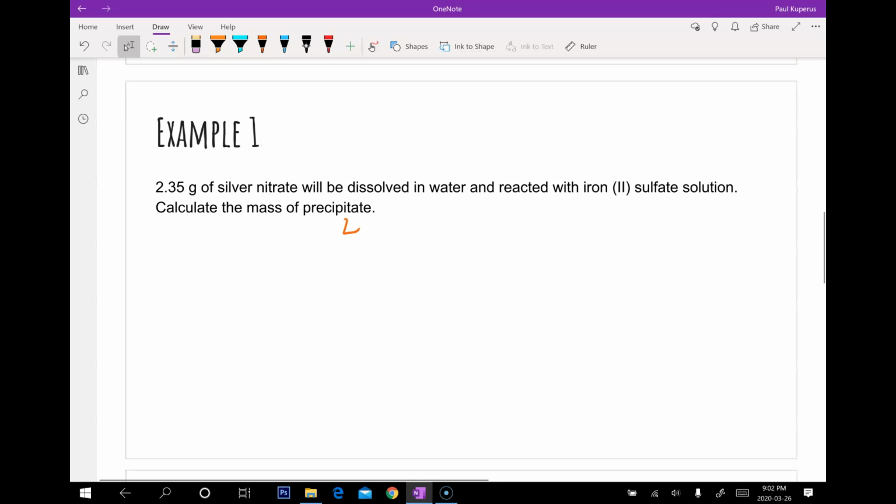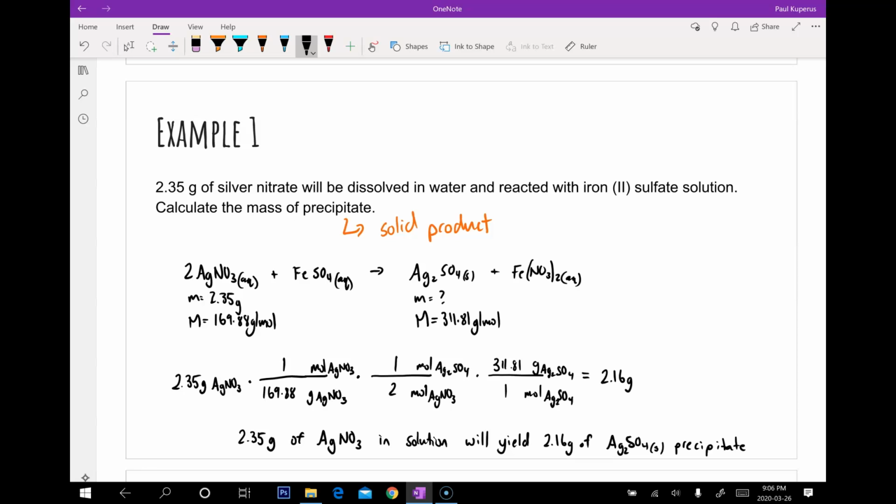Remember, a precipitate is a solid product from 2 aqueous solutions. All right, so that's example number 1. Give that one a go. The solution will be up shortly. Have a look at the solution and see if yours matches, and if it doesn't, try and figure out where you went wrong. And then we'll move on to example 2.